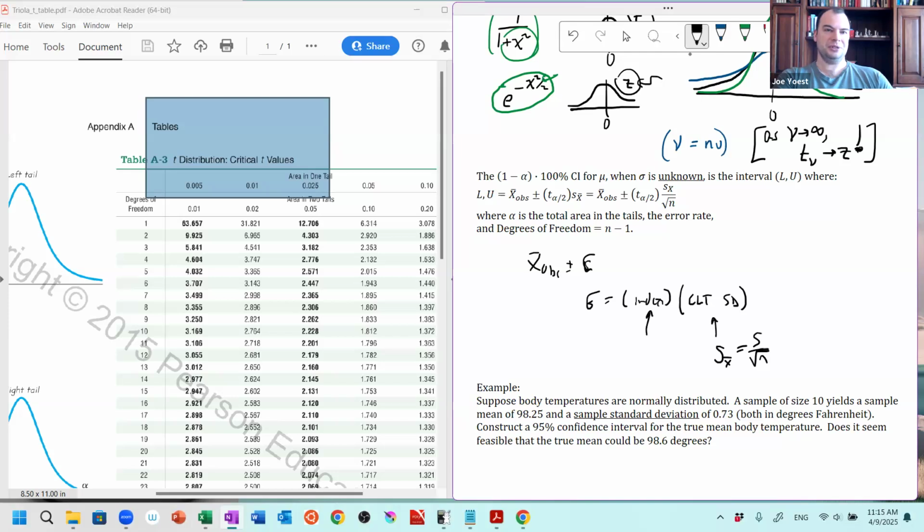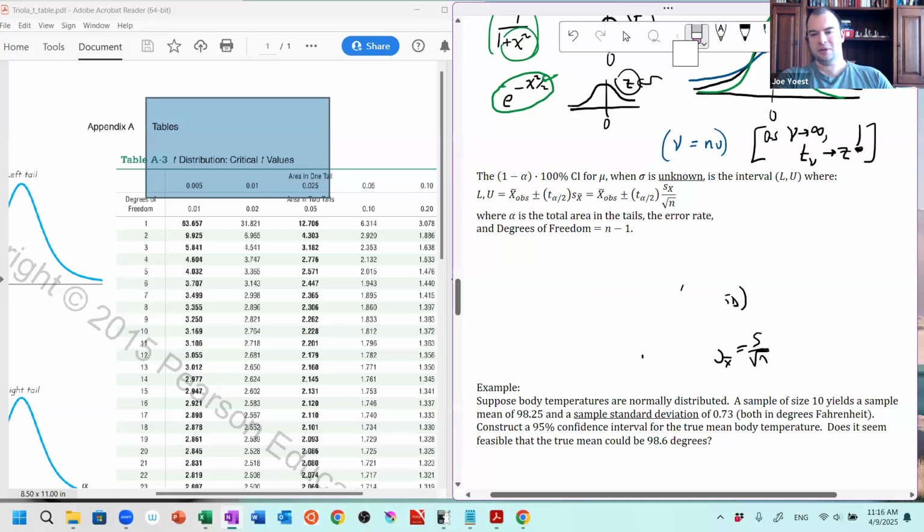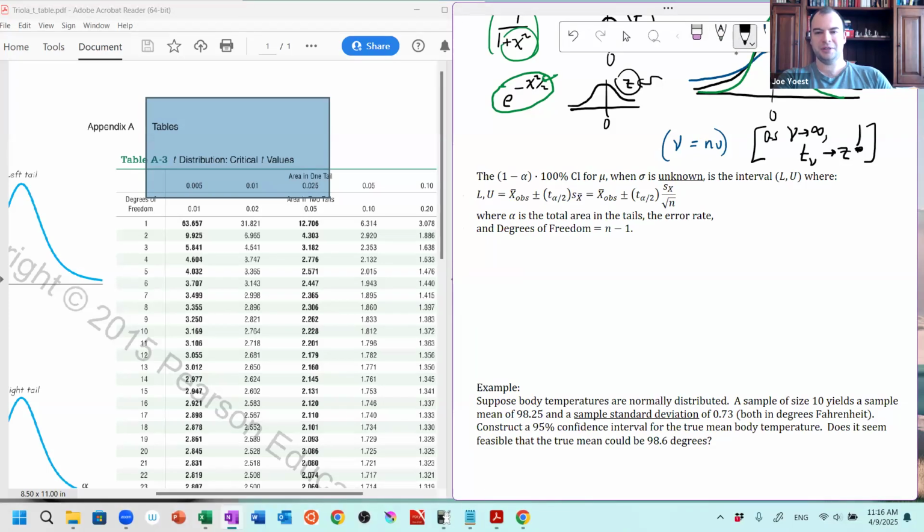And my index, instead of using z as the distribution, I use t as the distribution. So theoretically, the two confidence intervals are quite similar, really just with a little notational change using s instead of sigma, and this change of using a different distribution.